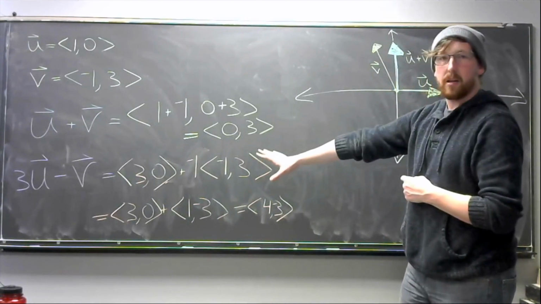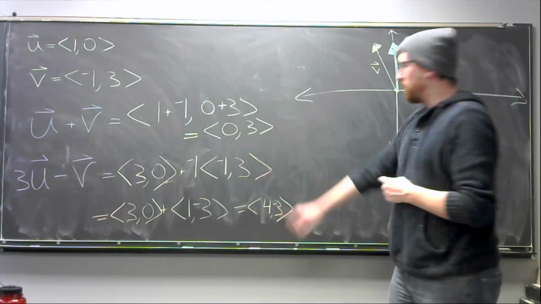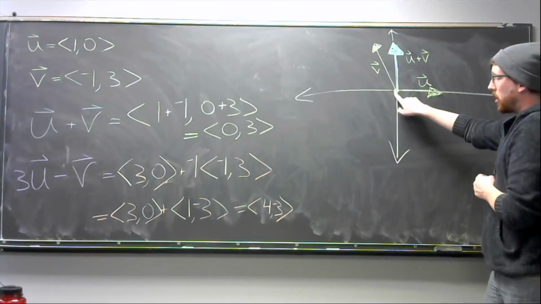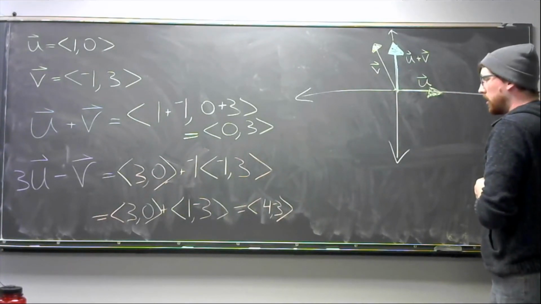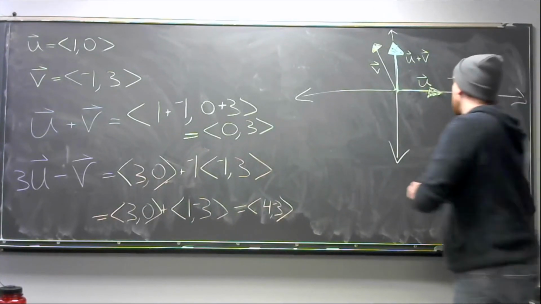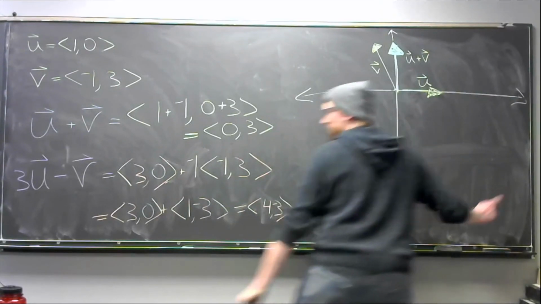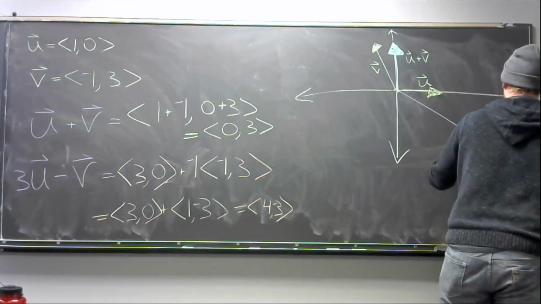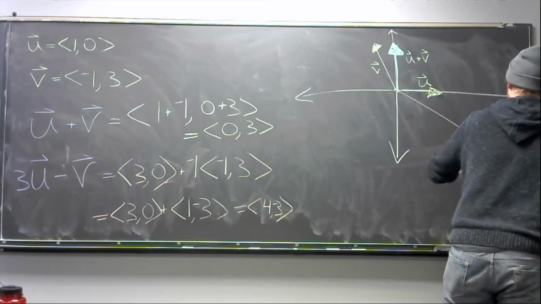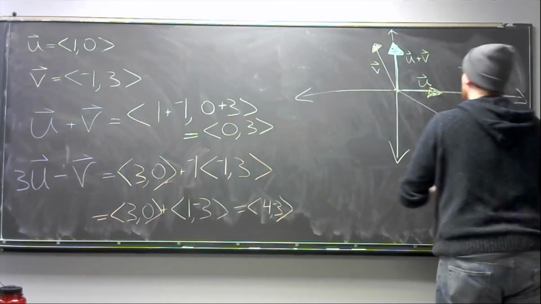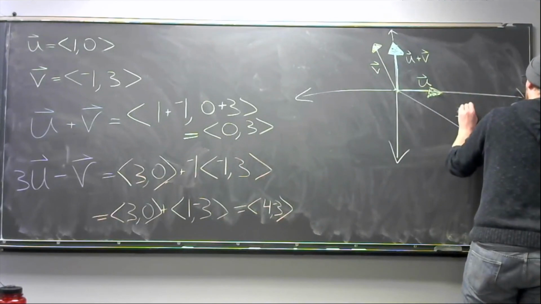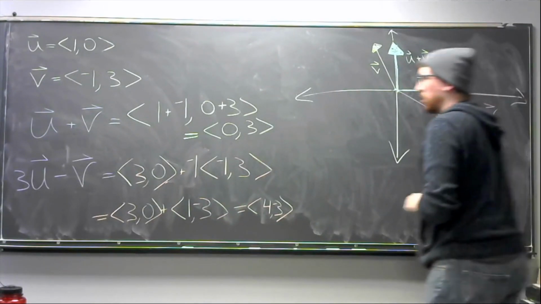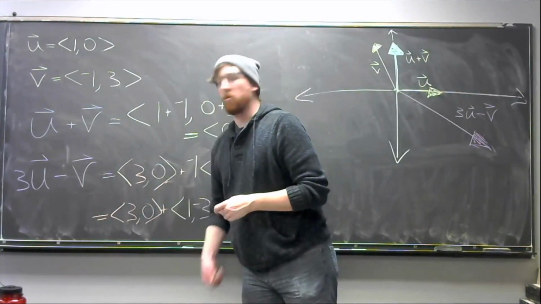Just based on everything we've got, both in our graph and up here, we know that with our tail end stationed at the origin, this vector goes over 4 units and down 3 units. So it's going to be somewhere over here. Again, not to scale. So that's the vector 3u minus v.